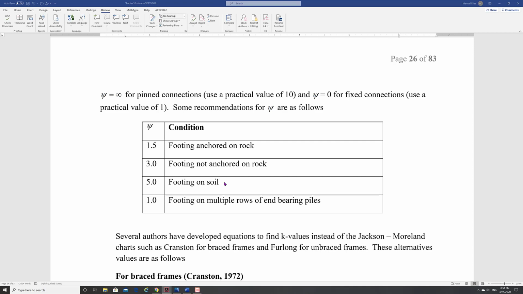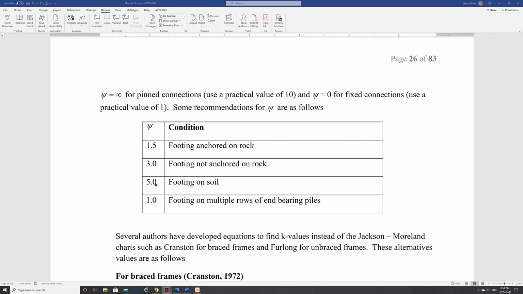So that brings up another issue with analysis. You're telling me, wait a minute, they put a footing on the soil, and that's not a pin and that's not fixed. So how do I model that in my software?